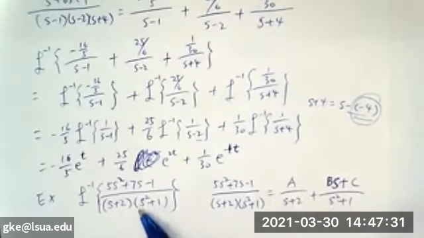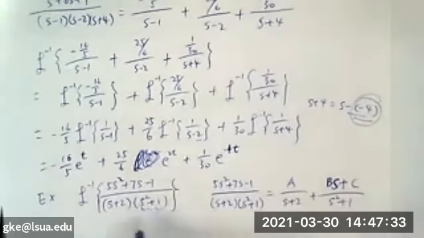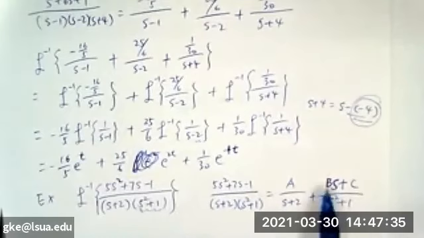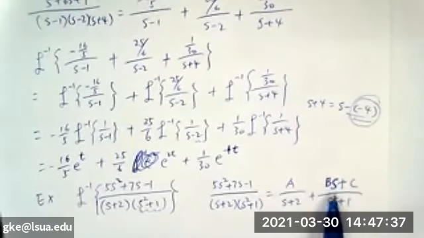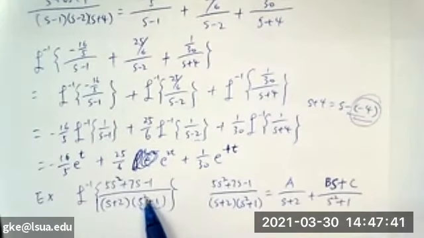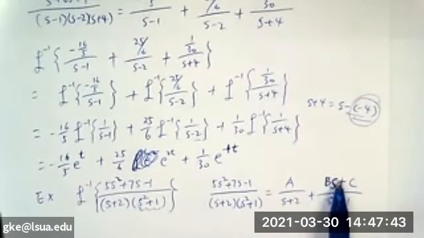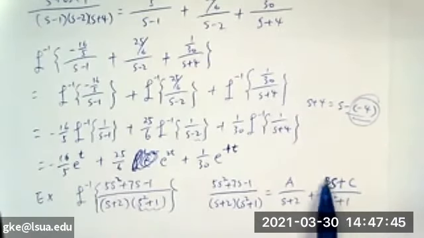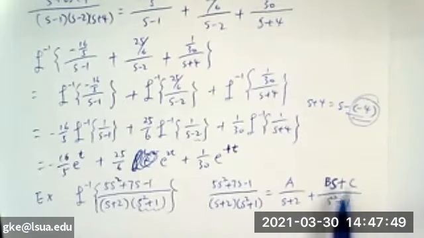Because in the denominator we have a square, that means in the numerator we have lesser degree, so we're supposed to have s. Okay, so we write down Bs plus C.